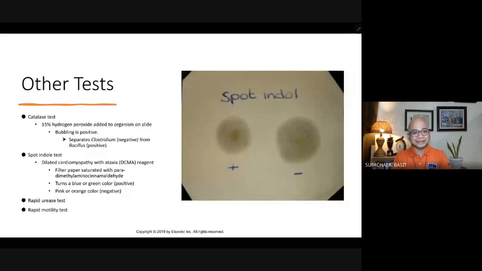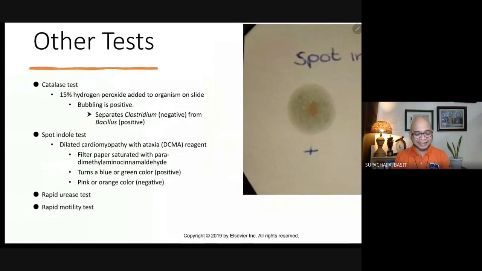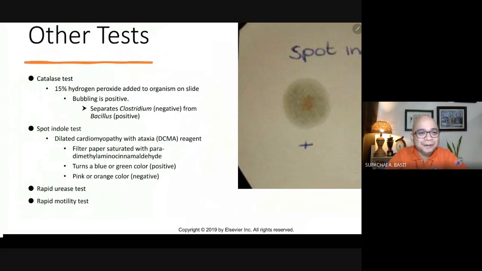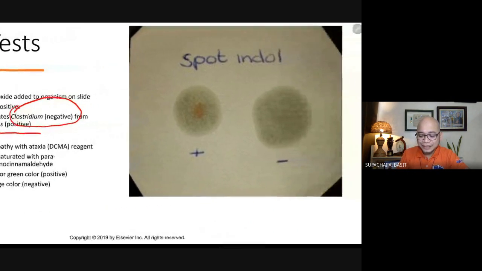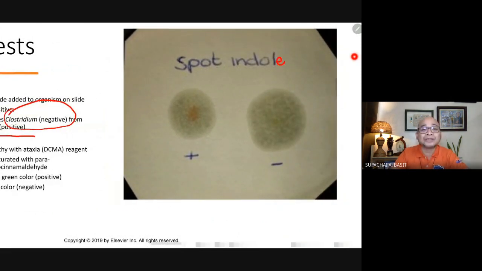Other tests would include the catalase test, where 15% hydrogen peroxide is added to the organism on a slide. Bubbling is considered positive. It separates Clostridium from Bacillus, because Bacillus is expected to be positive while Clostridium is expected to be negative. Now, this is an example of the spot indole test. This is a positive result and this is a negative result.